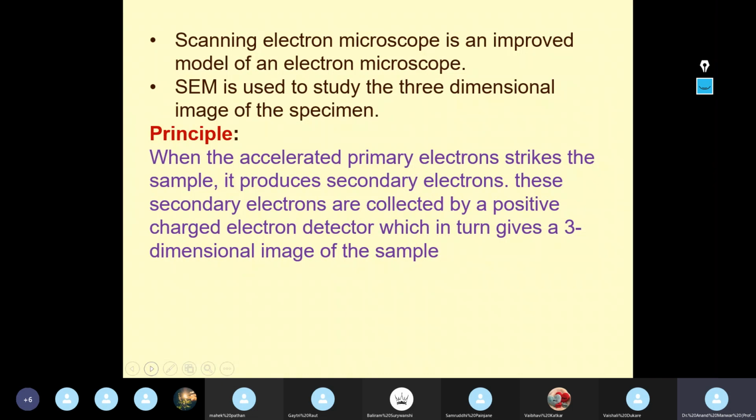The three-dimensional images you find in books, the images of different organs or organisms, are basically images taken by either a transmission electron microscope or a scanning electron microscope. So all the surface structural details and three-dimensional structure of specimen samples are mostly taken by the scanning electron microscope.